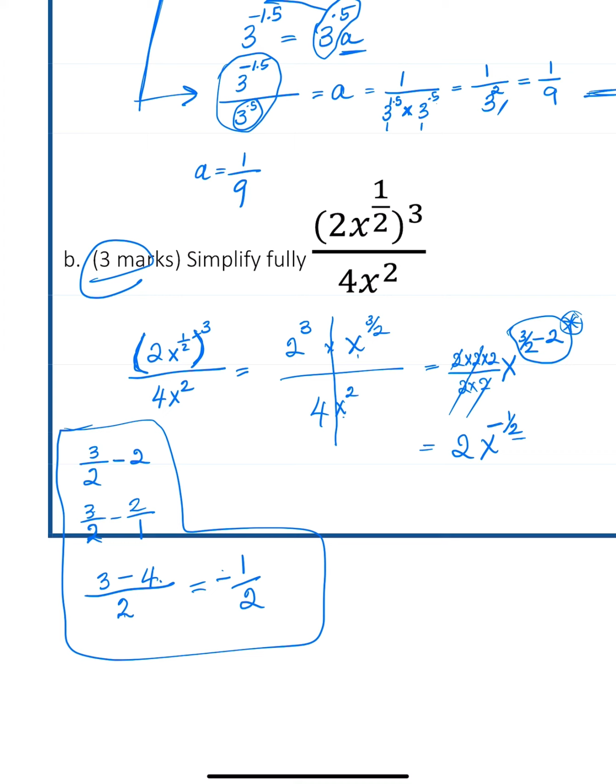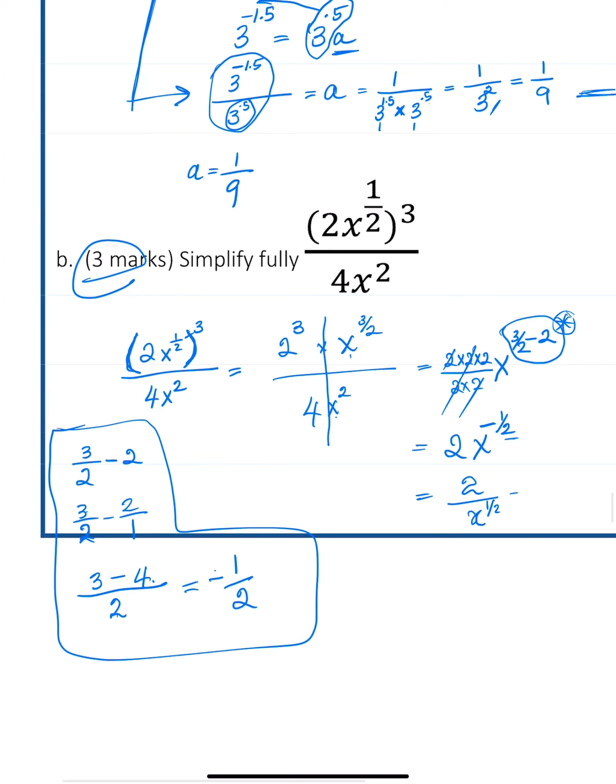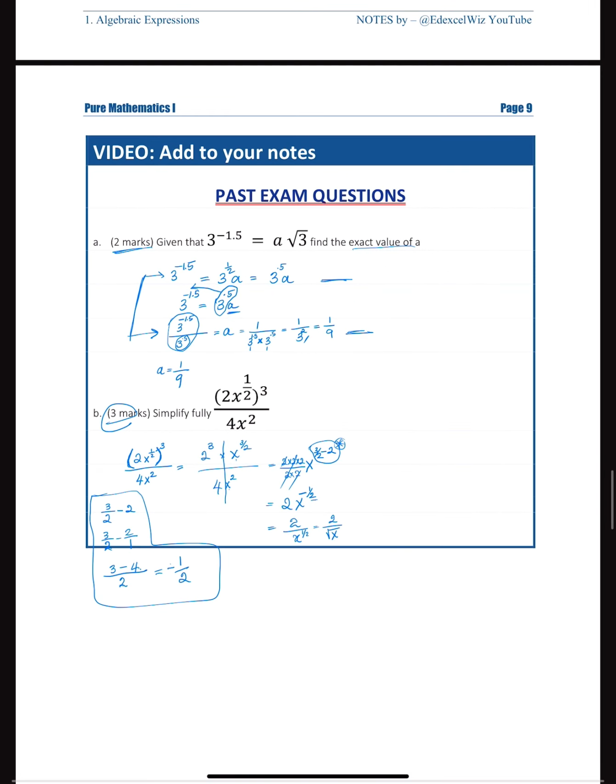And negative means I can make it positive when I throw it below the division sign. So I'm going to write it like that. 2 over x to the power 1/2. Right, so it's positive. And now I can write this as 2 divided by the square root of x. Okay.